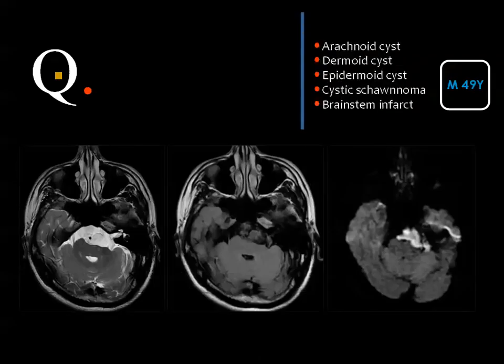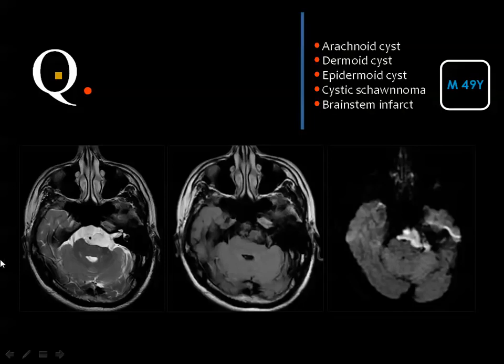MRI of the brain, axial T2, axial FLAIR, and diffusion. There is a cerebellopontine angle space occupying lesion on the left side. Where is the description, which is extremely required in the exam?